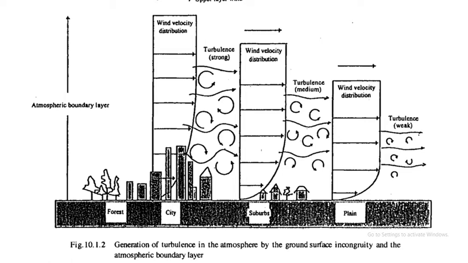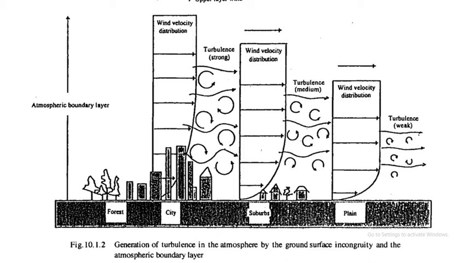In the turbulent airflow, wind velocity and wind direction change with respect to time. What is turbulent flow? The flow where the direction of the wind and its velocity change randomly is called turbulent flow. The wind in the atmosphere is the most typical turbulent flow.